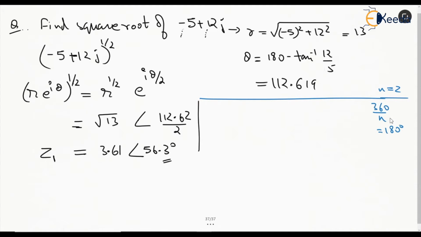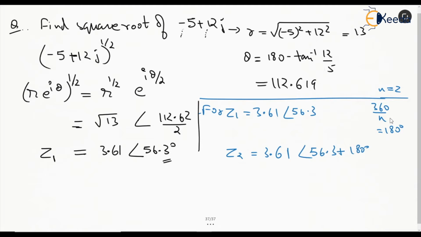So the first root is 3.61 at the angle of 56.3, the other root has the same magnitude at the angle of 56.3 plus 180 degree, which is 236.3 degrees.